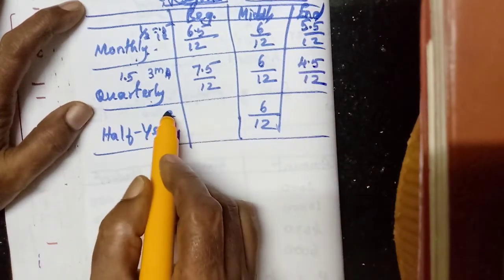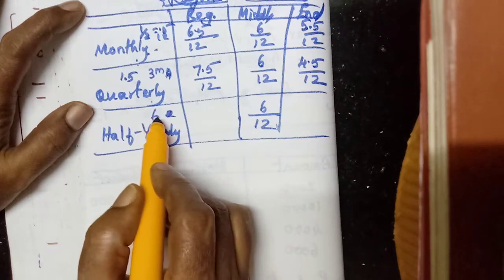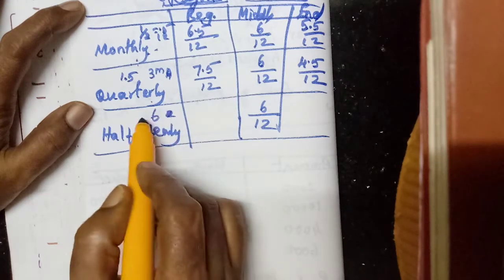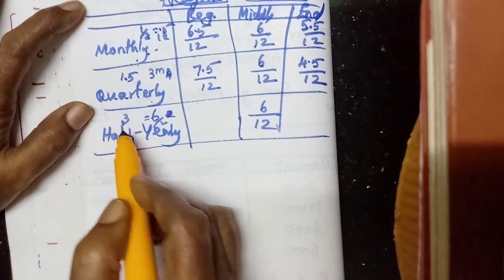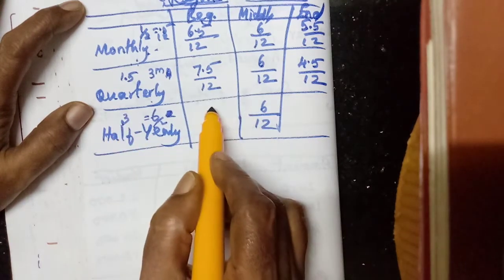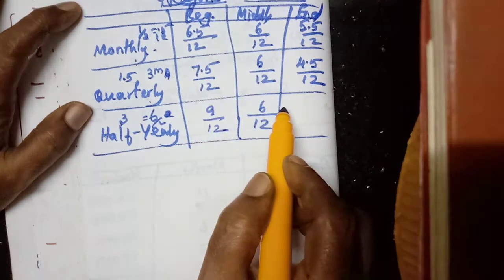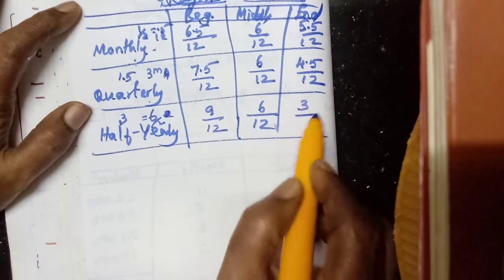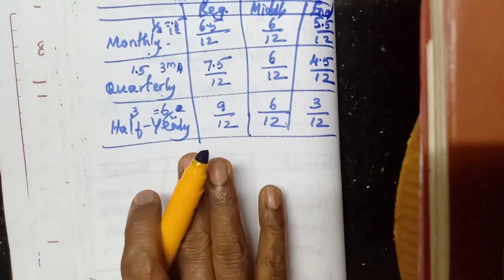Here half-yearly, 6 months, isn't it? 6 by 2 how much? 3. So add 3 with the 6, 9 by 12. Subtract 3 from 6, so 3 by 12. This is the table you have to remember in your mind.